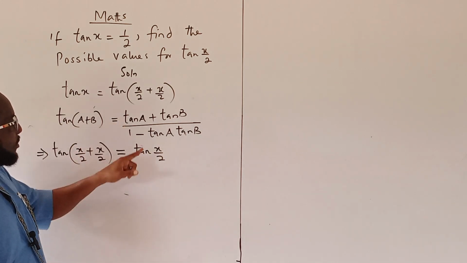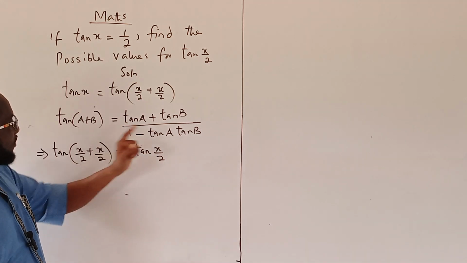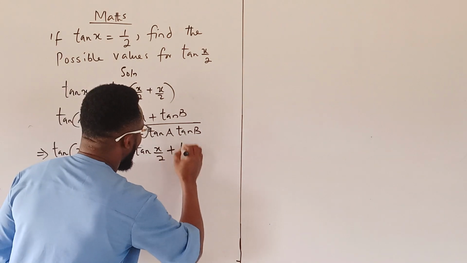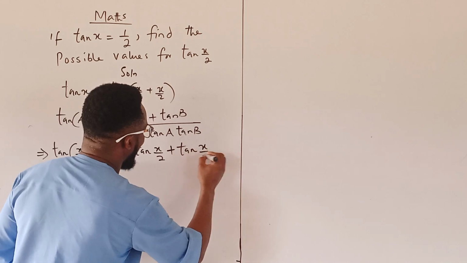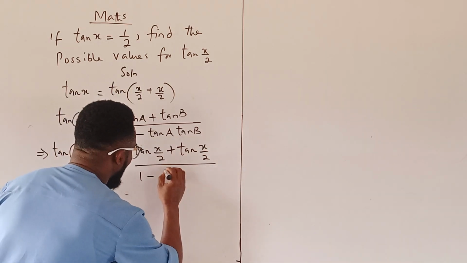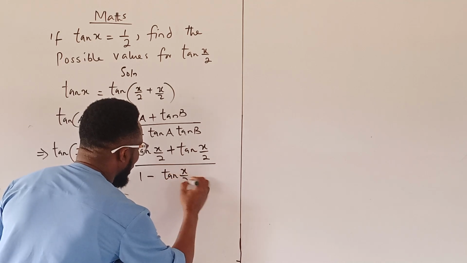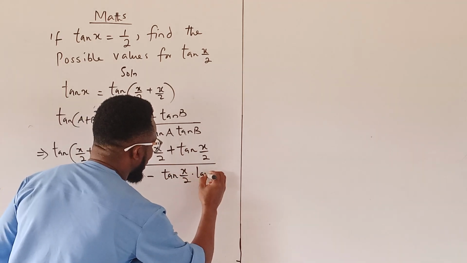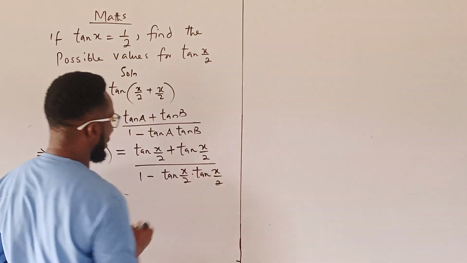So tan A will now be tan of half of x. Tan B will also be tan of half of x, upon 1 minus the tan of half of x multiplied by the tan of half of x.